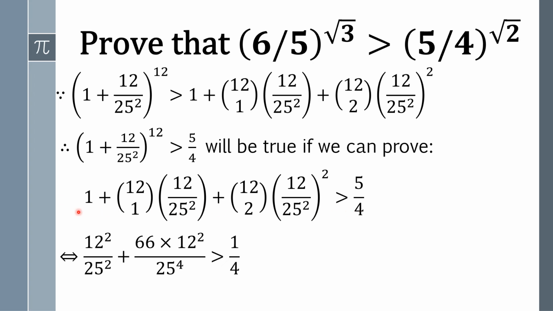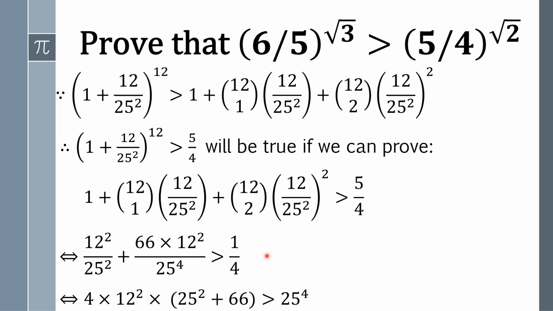And after we briefly calculate the first 3 terms, we get 12²/25² plus 66 times 12²/25⁴ larger than 1/4.